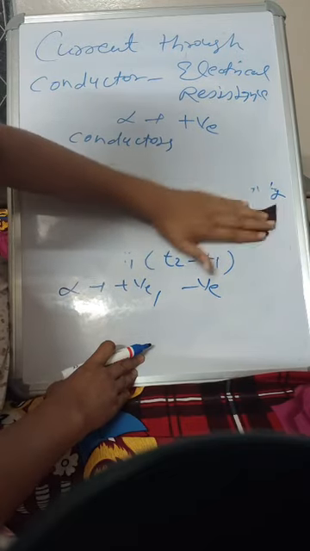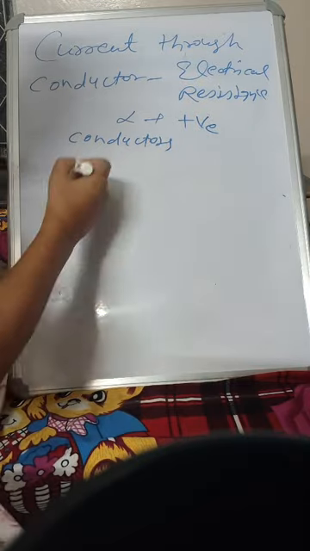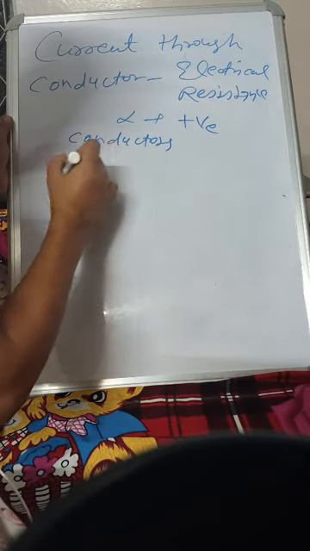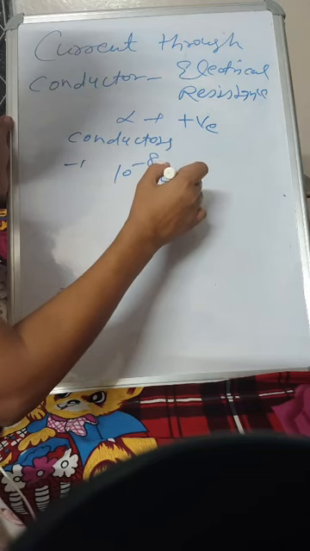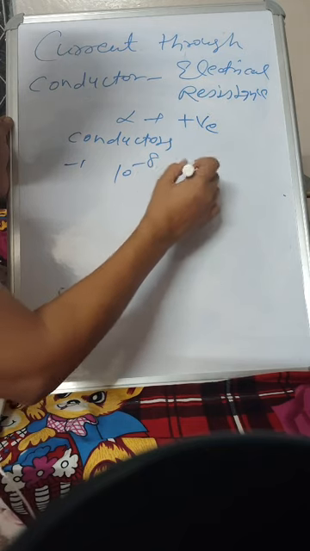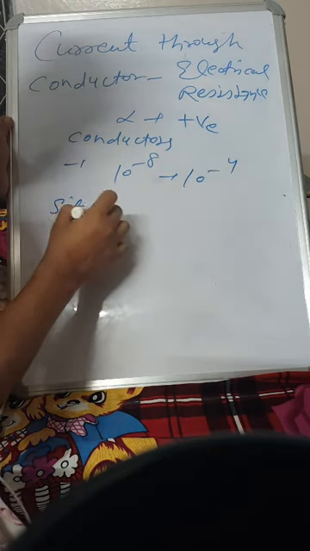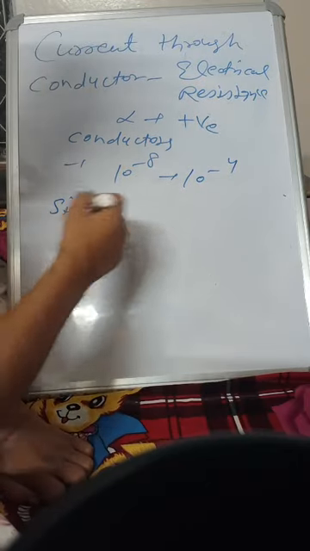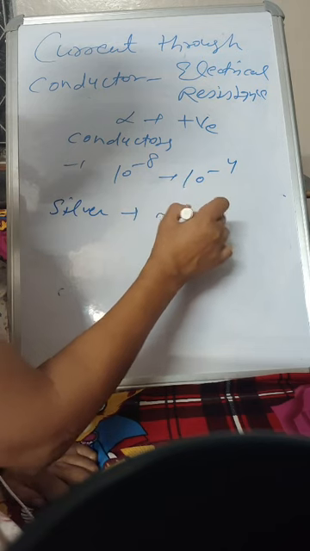The resistivity of conductors is of the order of 10 to the power minus 8 to 10 to the power minus 4 ohm meter. Silver is one of the conductor materials which has a very low resistivity, of the order of 10 to the power minus 8.